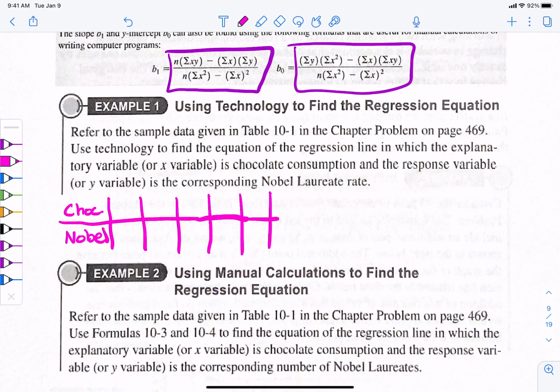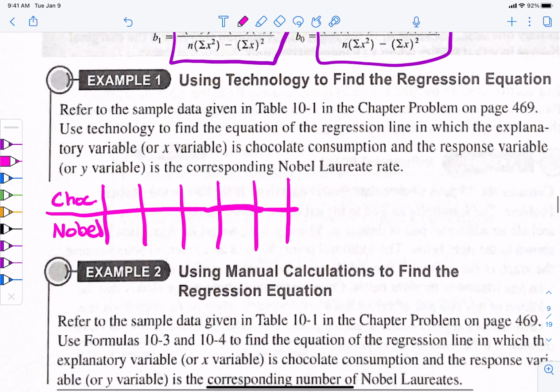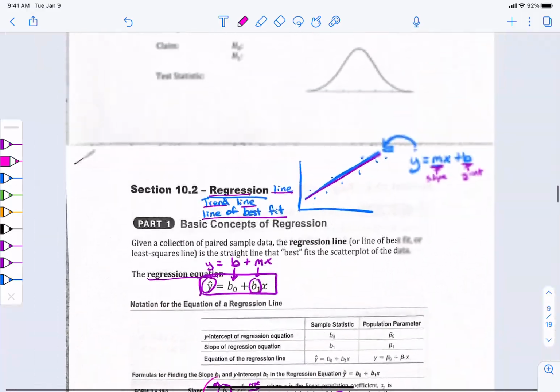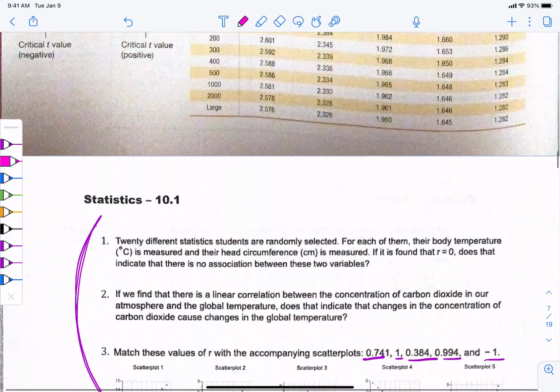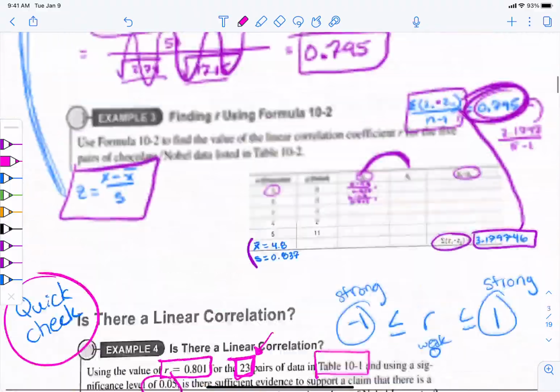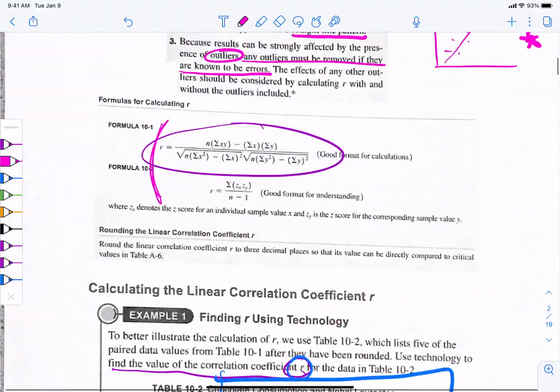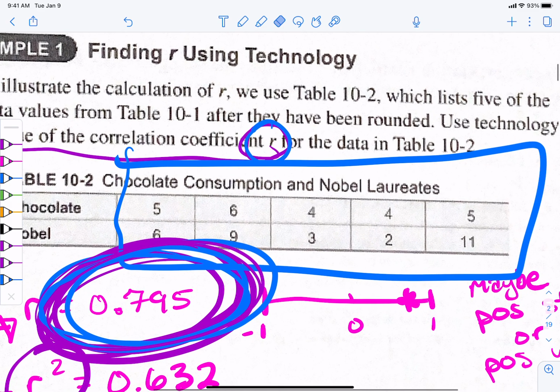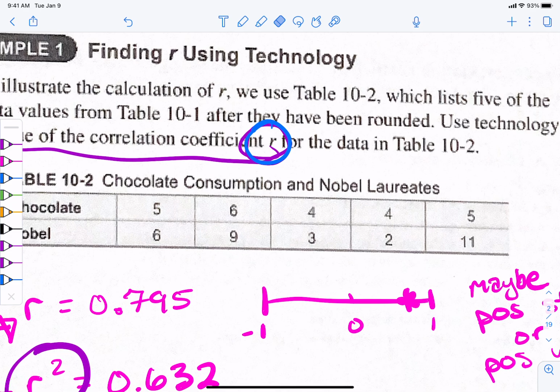Does somebody from your 10-1 notes have these values? Give me the chocolate data and the Nobel Prize winning data. Write this table down. Fill in these numbers. Chocolate is 56445.